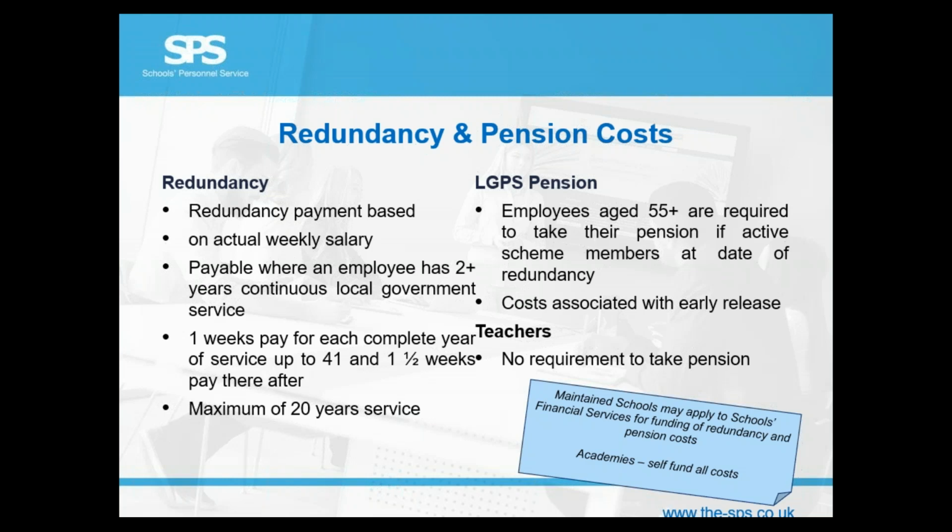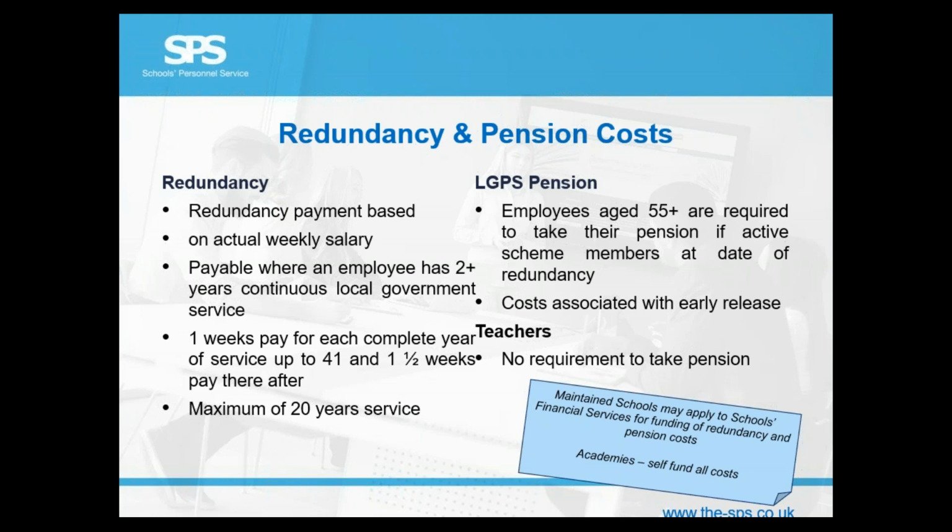That's not just service with your own school, but if an individual has moved to your school from another school without breaking employment, all that service is counted when you're looking at their redundancy entitlement. And often that's a potential hidden cost to schools. It's only when you start looking at someone's service that you realise they've got previous service that needs to be factored into the redundancy payment.